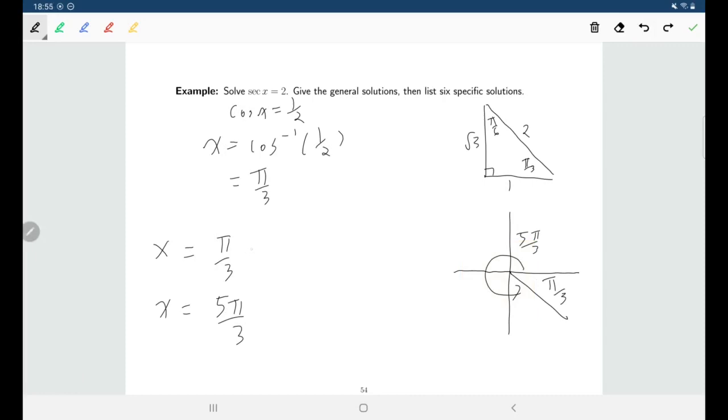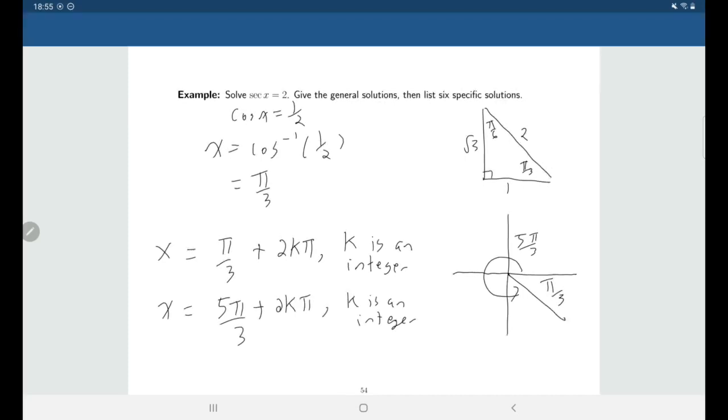So if x being pi over 3 and x being 5 pi over 3 are solutions, then pi over 3 plus any number of full circles will be a solution, and 5 pi over 3 plus any number of full circles will be a solution. I have to specify that k here is an integer. And there we go. We've got our general solutions to this equation.